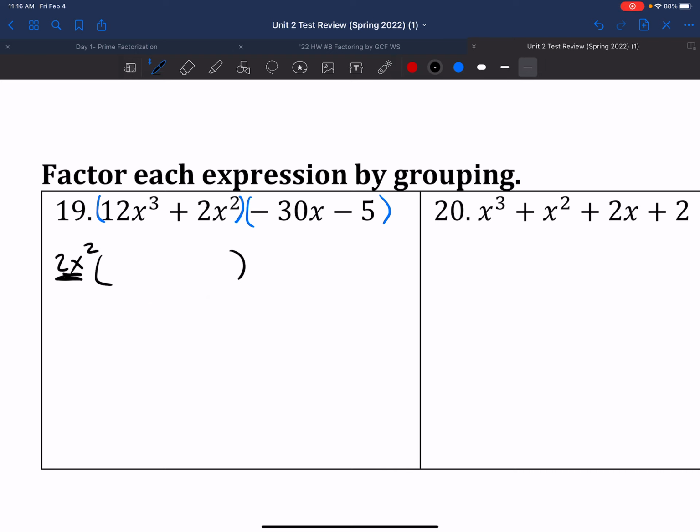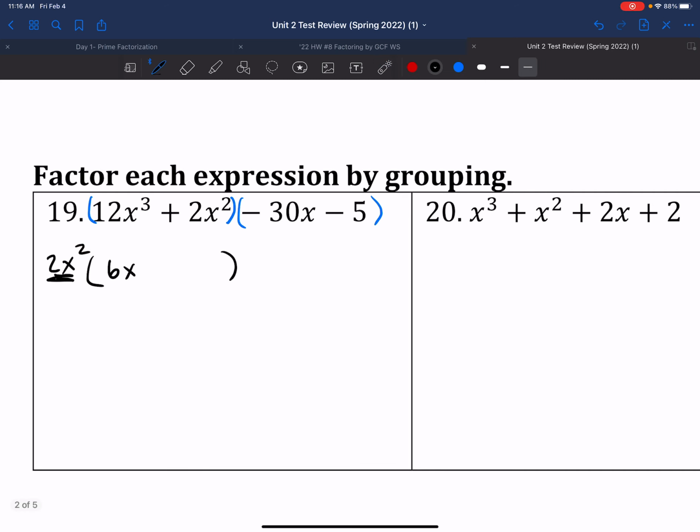Well, 2x squared times something is going to give me 12x cubed, so that's going to be 6x. And then 2x squared times something is going to give me positive 2x squared. Well, that's just itself, so plus 1 goes right there. Okay. And then next, I need a GCF here and then deal with things.